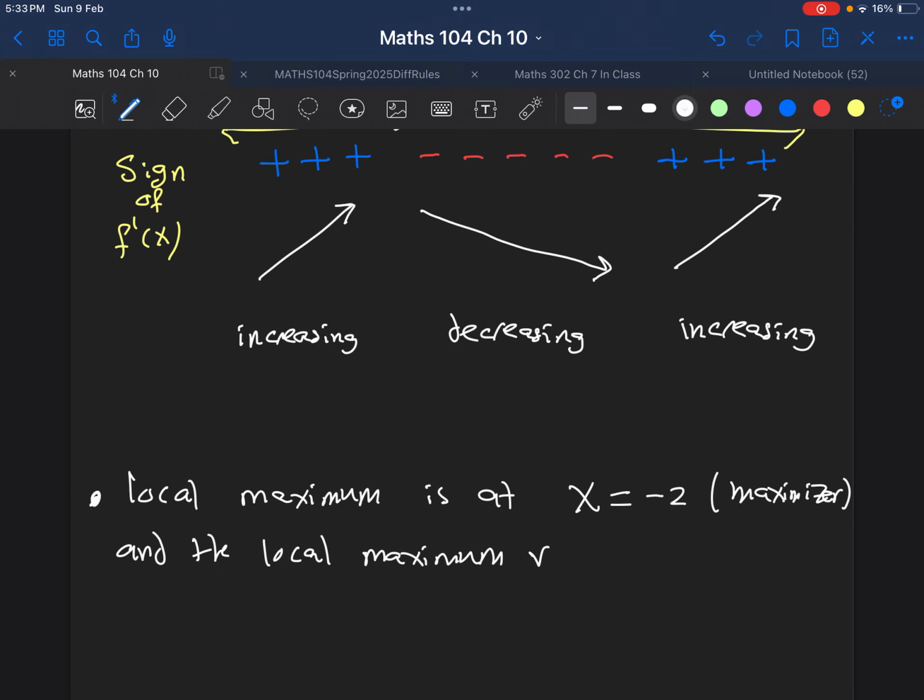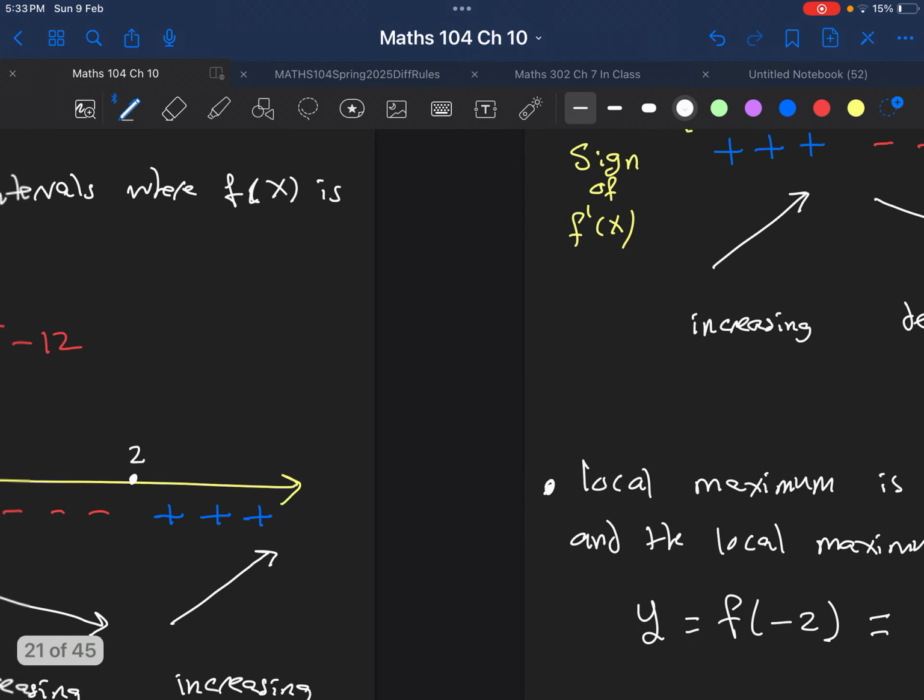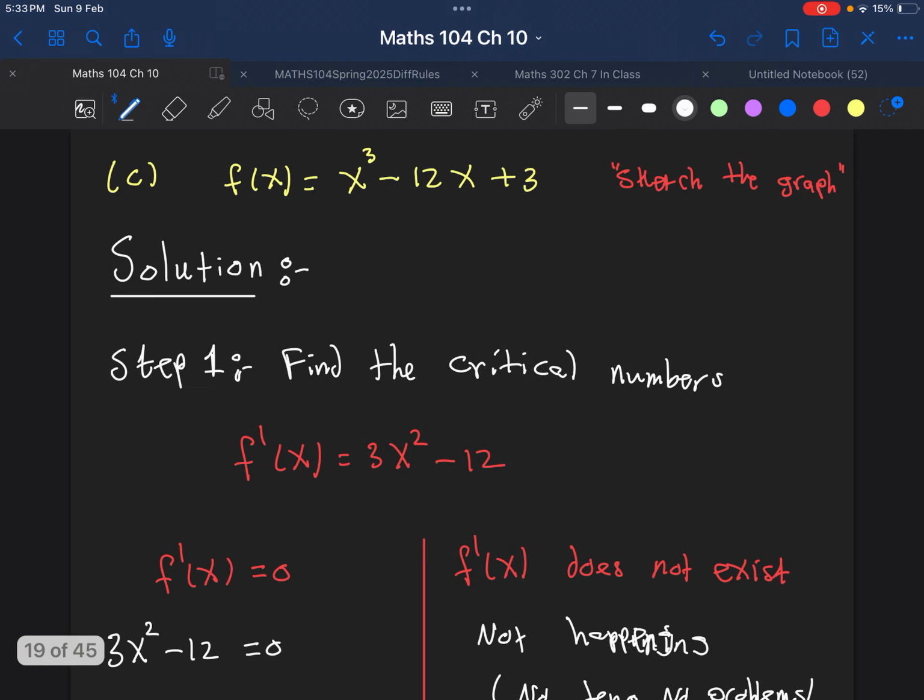Remember, the word maximum, I'm talking about the y. So the local maximum value is y equal f of -2. How do we find f of -2? We go back to the original question and substitute -2.